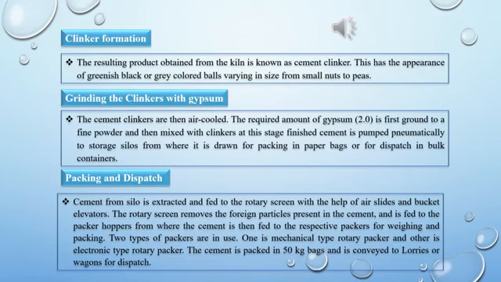One is mechanical type rotary packer and the other is electronic type rotary packer. The cement is packed in 50 kg bags and is conveyed to lorries or wagons for dispatch.